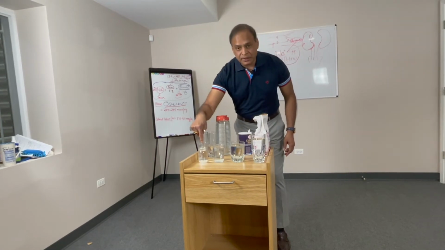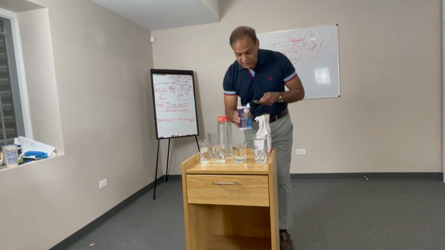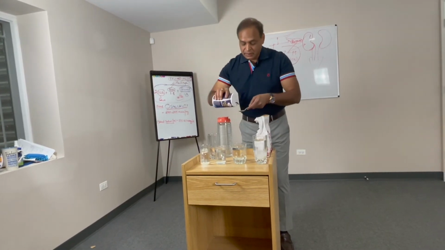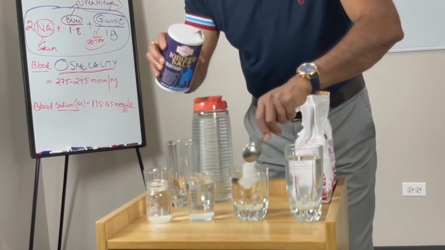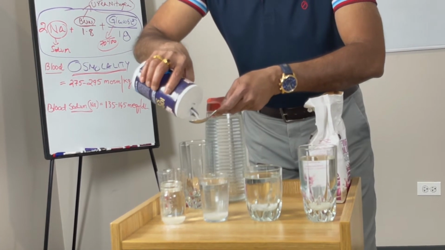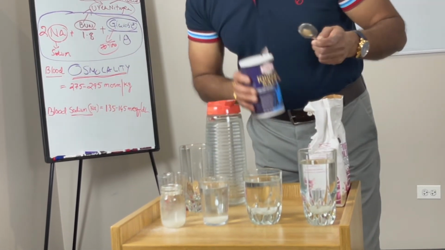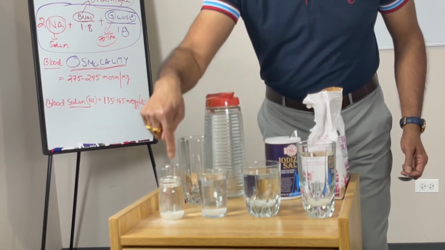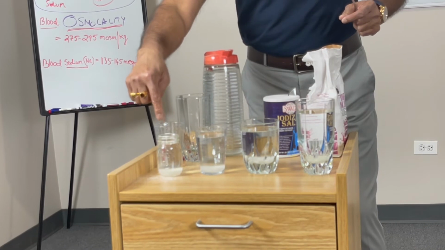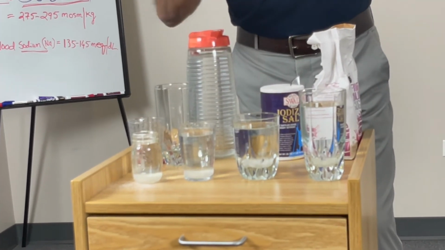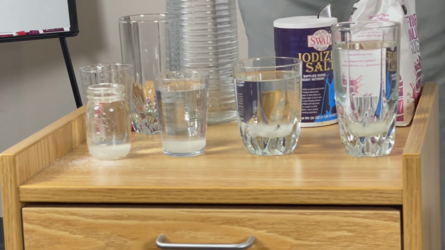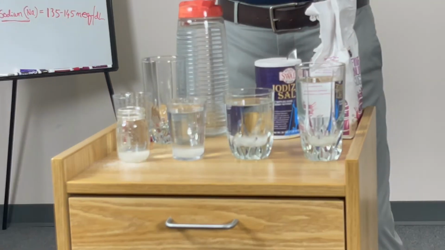If I put salt now, just like sugar, the same amount here, here, here, and here, the concentration in this one is more. If you imagine this like the blood, and somebody has more concentration in the same amount of volume, in lesser volume it's more concentrated, in more volume it is dilute. So it is the dilution that matters.